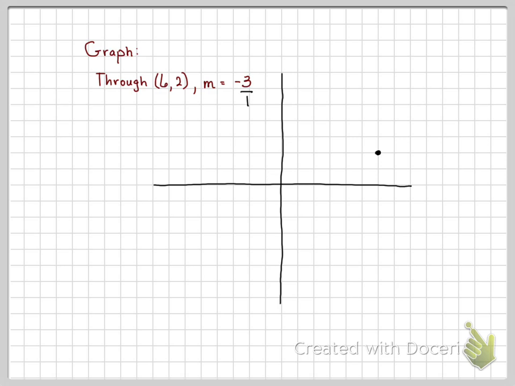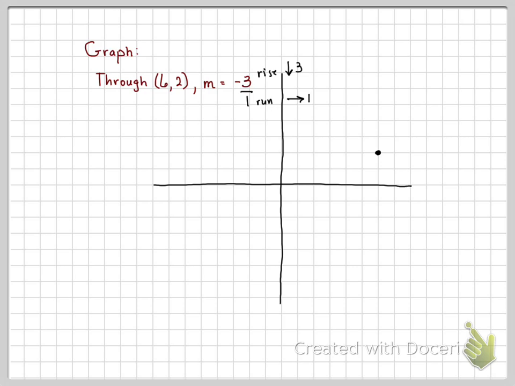Now our slope being a -3 is, remember, slope is rise over run. So we can change that just -3 slope into a fraction. So the rise is -3 and the run is 1. So the -3, we're going to go down 3 and then we're going to go to the right 1.